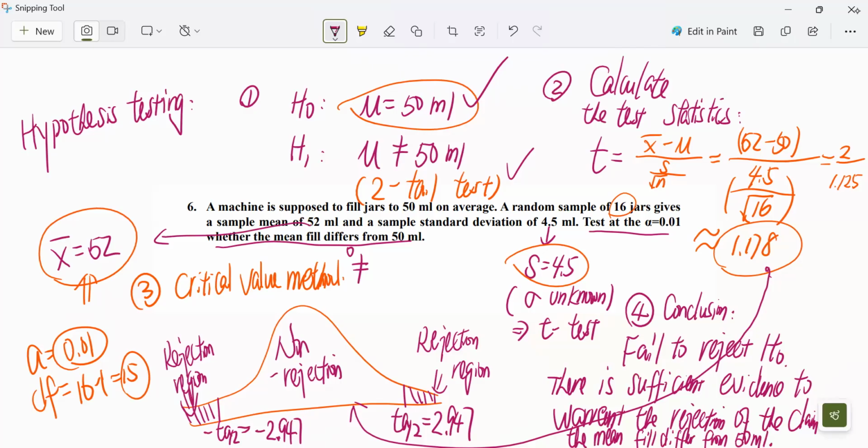So that's basically a four-step procedure to perform a hypothesis test. Any question about this?